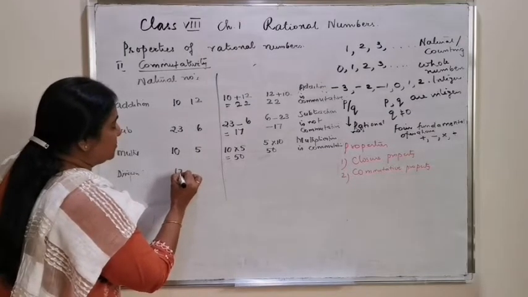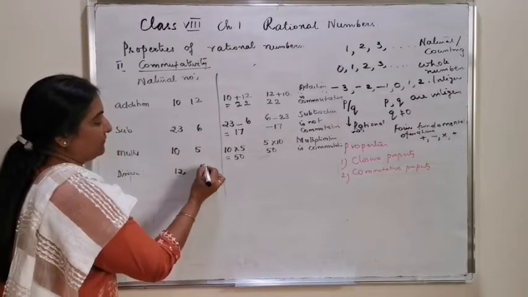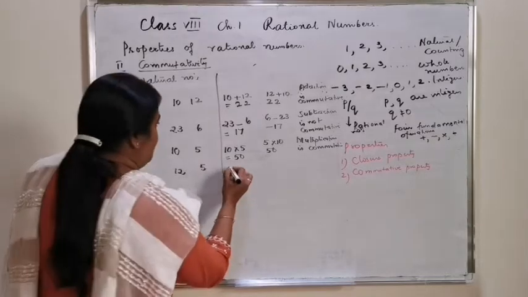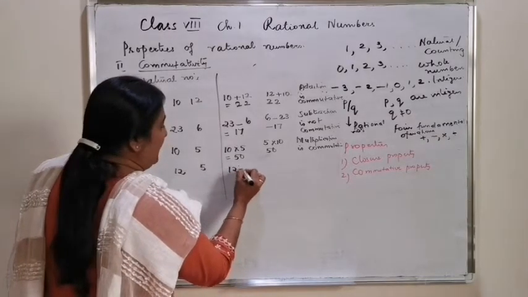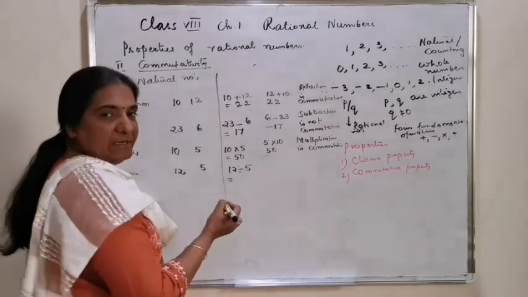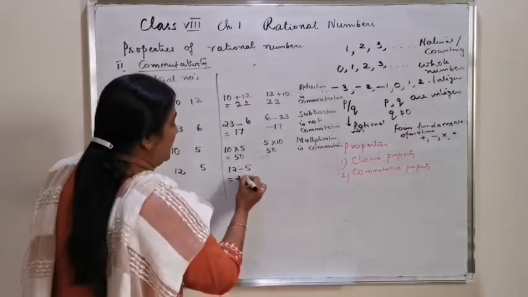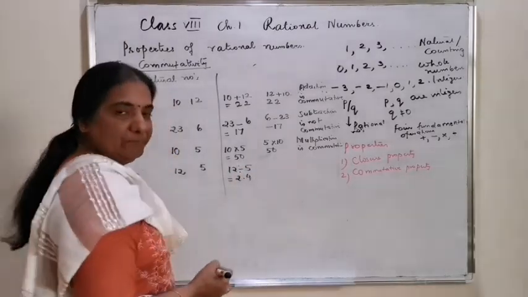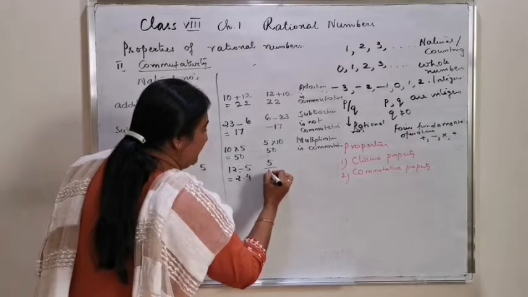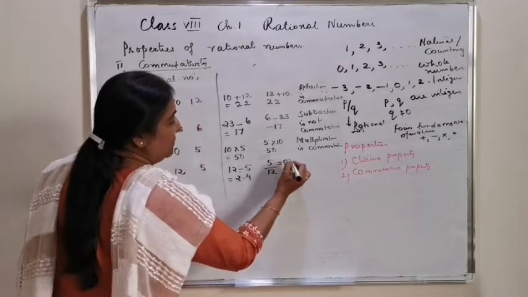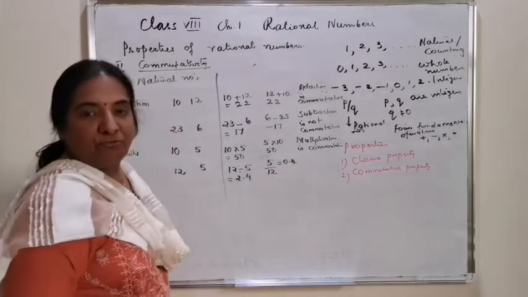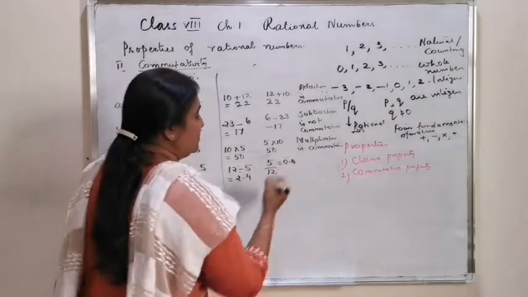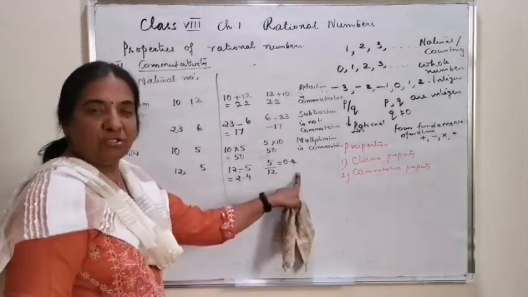Take the two numbers 12 and 5. 12 divided by 5 will give you 2.4, whereas 5 divided by 12 is giving you 0.41 and so on, which shows that the answers are not the same.